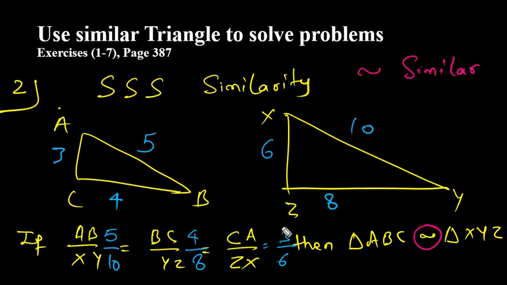So when you solve these ratios, 5 over 10 will give you 1 over 2. 4 over 8 will also give you 1 over 2. 3 over 6 will also give you 1 over 2. So when the ratios are equal, then you can say triangle ABC is similar to triangle XYZ.